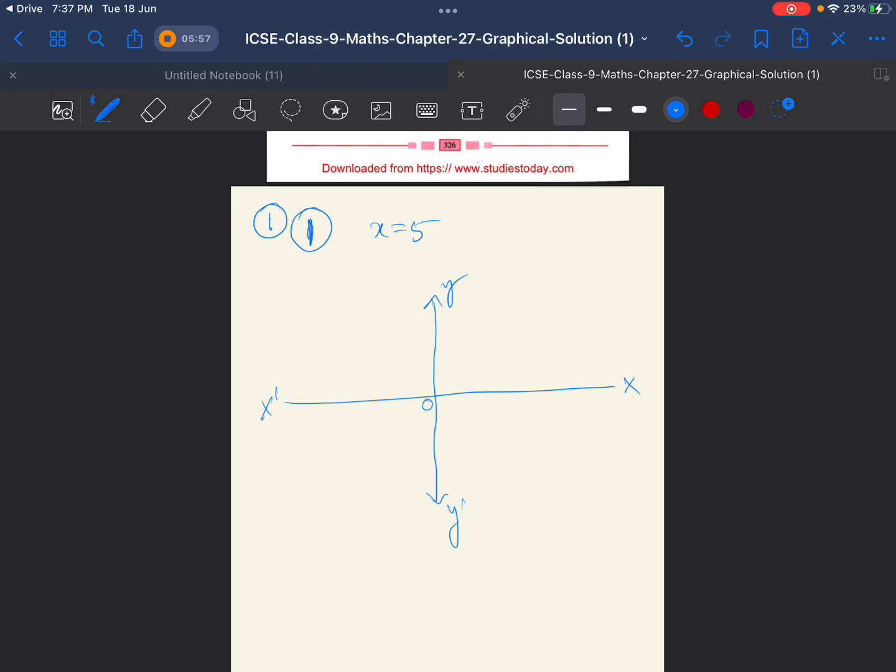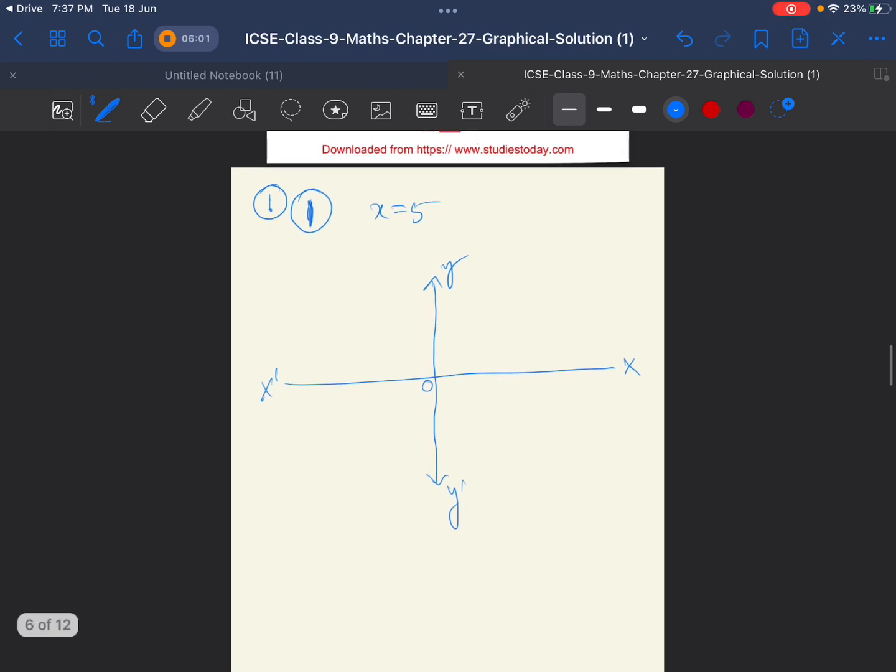Students, you must draw these lines on the graph paper. I have no graph paper, so I plot this line on the paper. Here we take 1 centimeter equals to 1 unit.